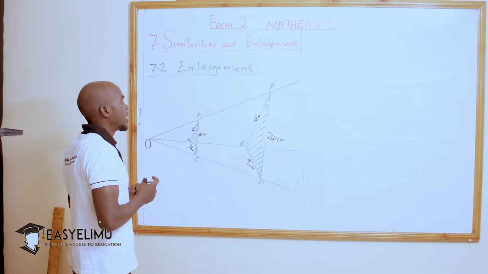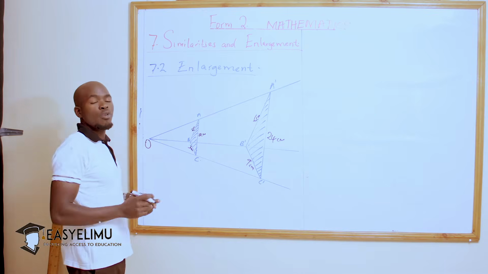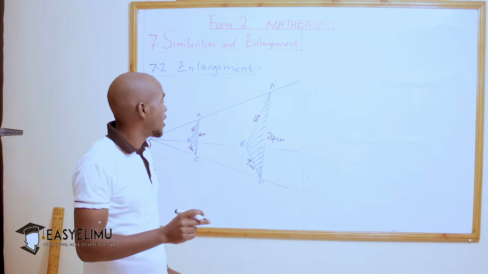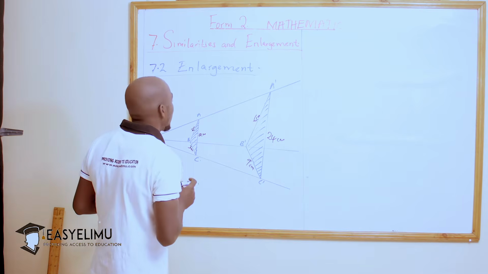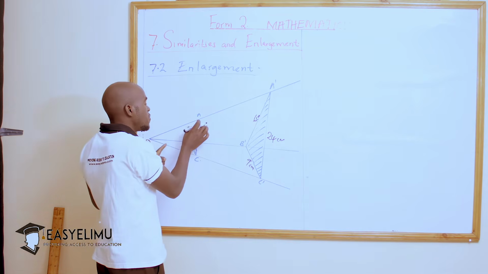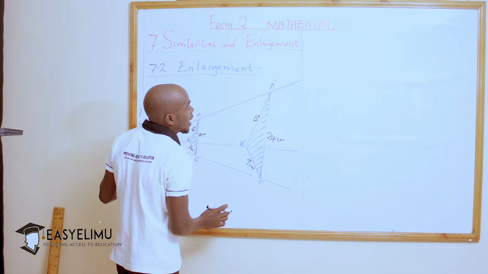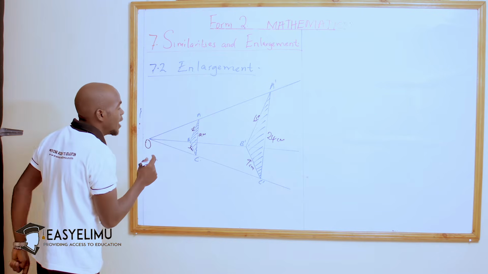But you will find out that in case you want to find the scale factor of enlargement, we call it the scale factor of enlargement, the condition that was used to raise this object from the smaller size to a larger one.